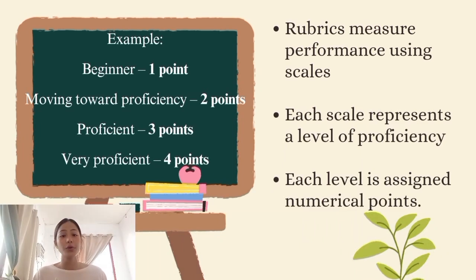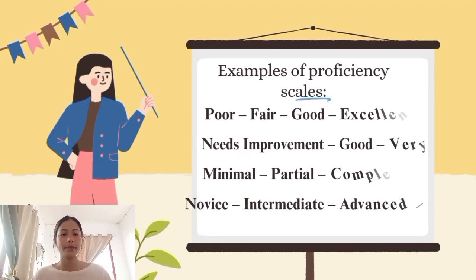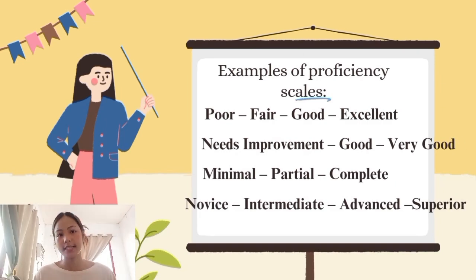Rubrics can use different sets of descriptive terms depending on the teacher or the task being assessed. For instance, some rubrics use poor, fair, good, and excellent.